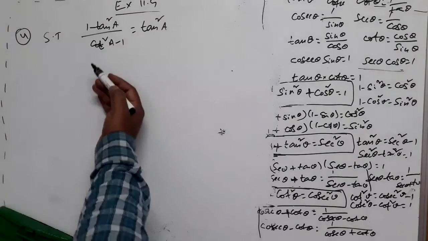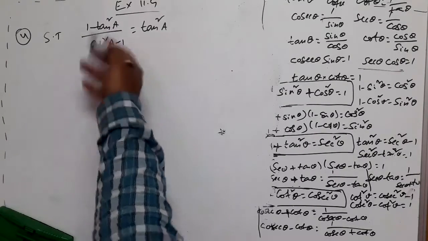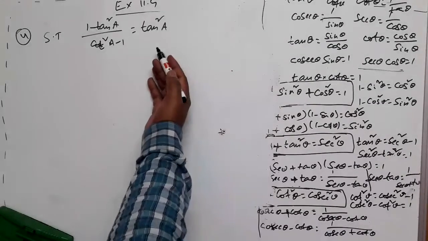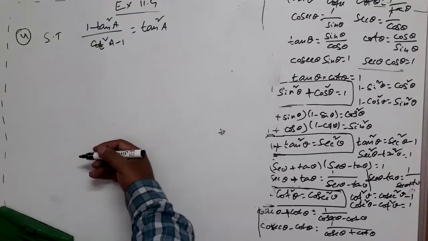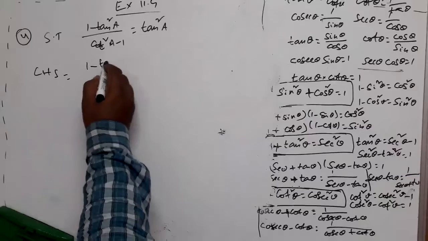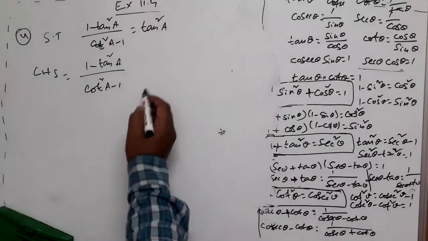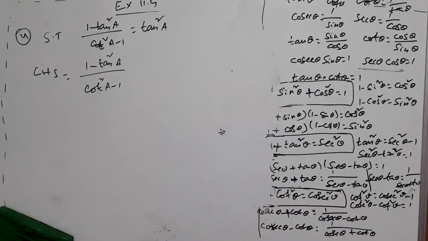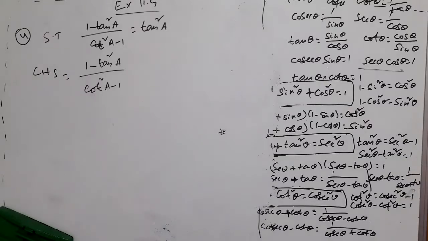The left hand side contains 1 minus tan square a and cot square a. The RHS is a simple expression involving tan, that is tan square. So what shall we do? Let us start at the LHS and bring the RHS. So clearly this is the left hand side part. Tell me, of course you don't have any problem with the tan square, but you don't want cot square, because in the resultant expression there is no cot.